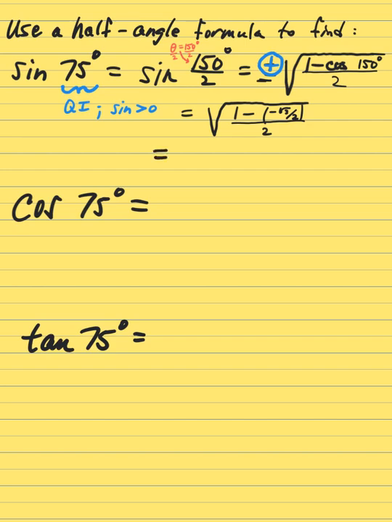Now that gives us square root. Think of 1 as 2 over 2. So that's 2, the two negatives make a plus, 2 plus square root of 3 over 2, all over 2, which gives us square root 2 plus square root 3.